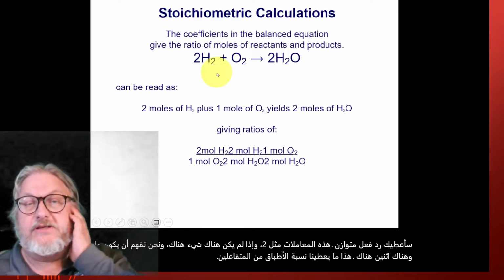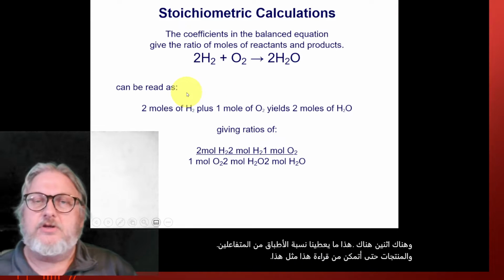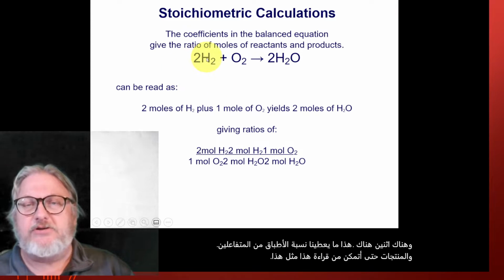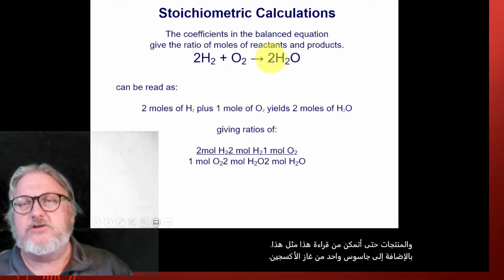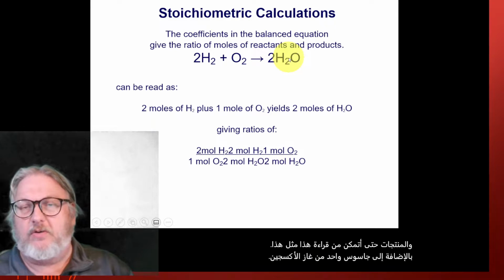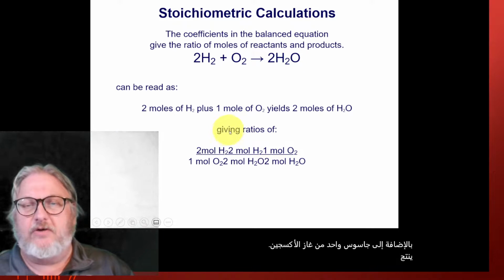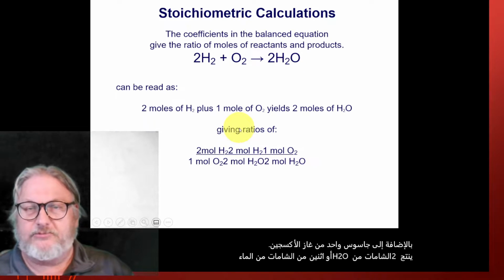So I can read this like this. 2 moles of hydrogen gas plus 1 mole of oxygen gas yields 2 moles of H2O, or 2 moles of water. So that means I have a ratio, right?